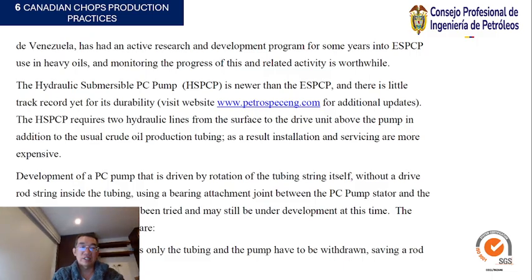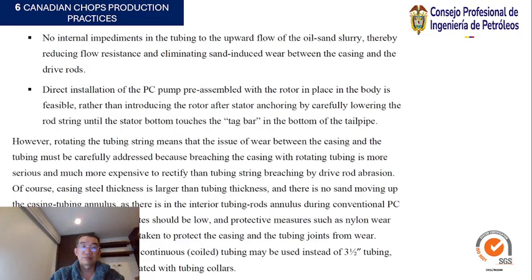The advantages of such a system are simpler workovers, as only the tubing and the pump have to be withdrawn, saving a rod string trip.